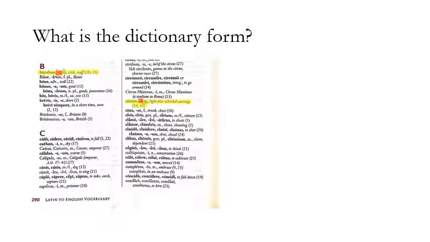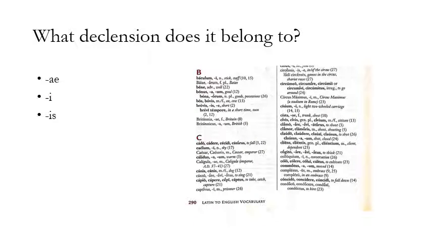So what is ī in cisium, cisiī, and baculum, baculī, that letter i with the macron, how does that tell us the declension? Well, in the case of baculum and cisium, this ī tells us it's second declension. We learned ae is first declension, ī is for second, is for third.